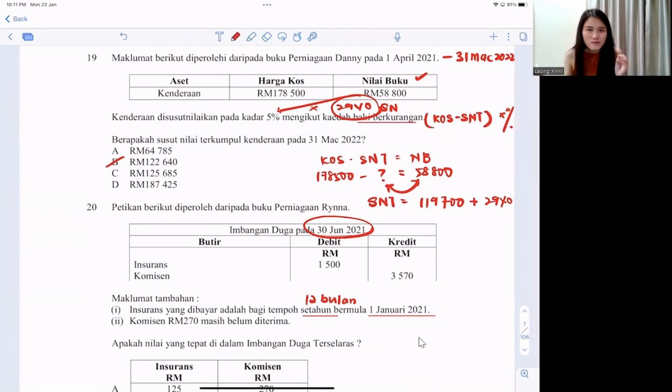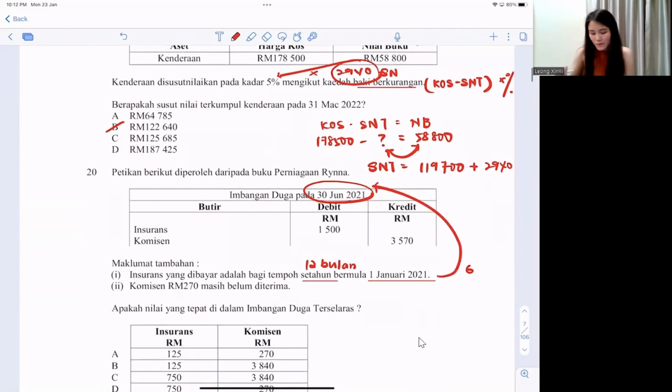And then until 30 June, that is your akhir tempoh perikanan. Please remember that hasil and belanja you cannot take beyond your akhir tempoh perikanan. So I don't care whether it's 12 months or not, but now I only want to know how long you're supposed to pay for. So 1st Jan to 30 June now, that is only 6 months, right? So I will go ahead and take the insurance and multiply it by 6 over 12 months to know that actually how much I need to pay within my own tempoh.